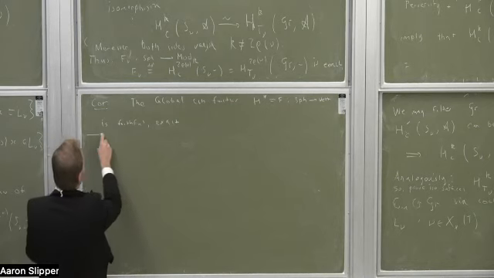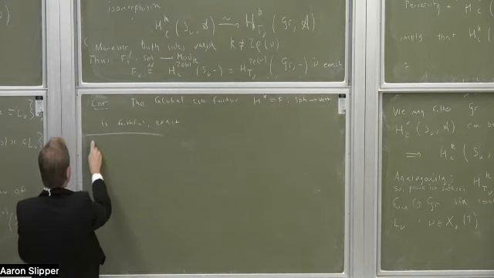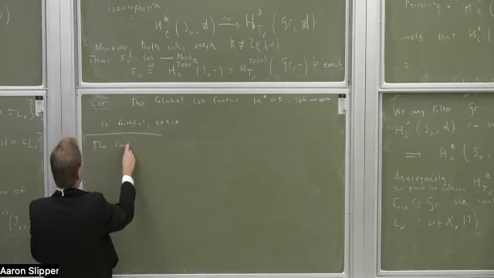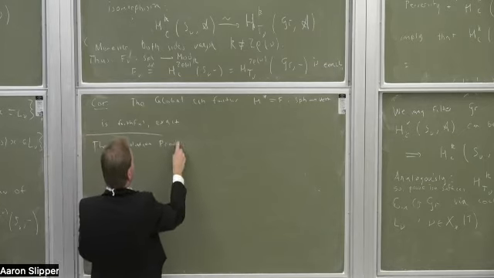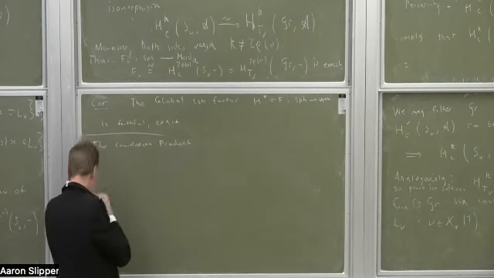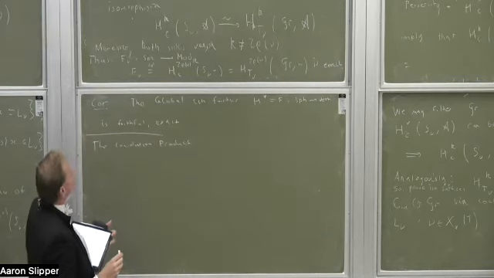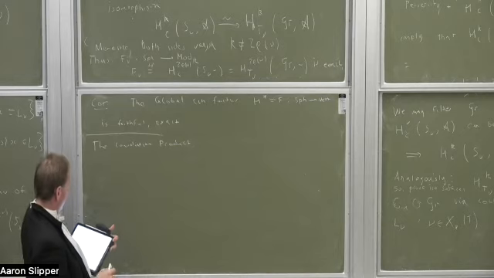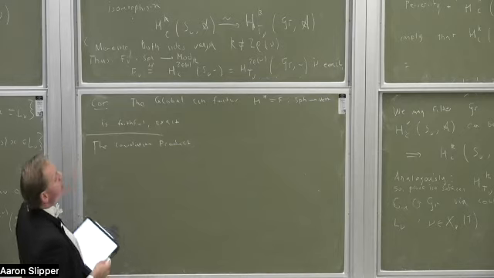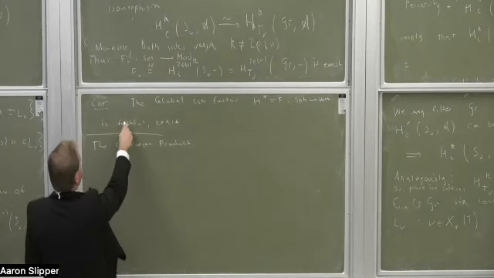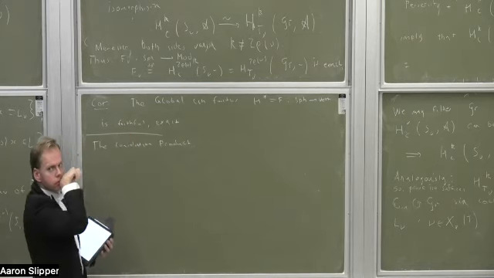So now, convolution. Sorry, what was the faithfulness? The global cohomology functor from Satake is faithful and exact. Was there an argument for faithfulness?